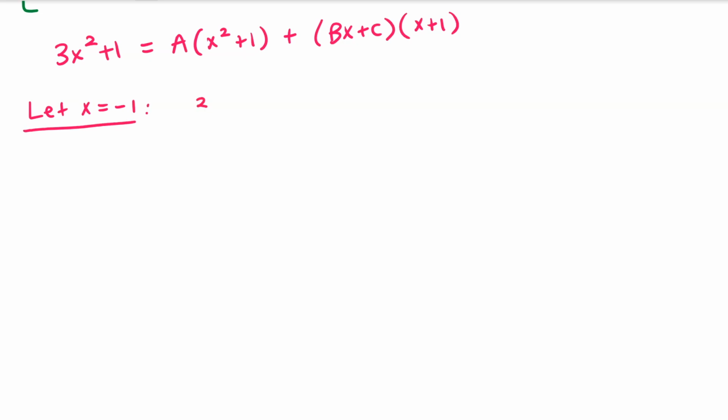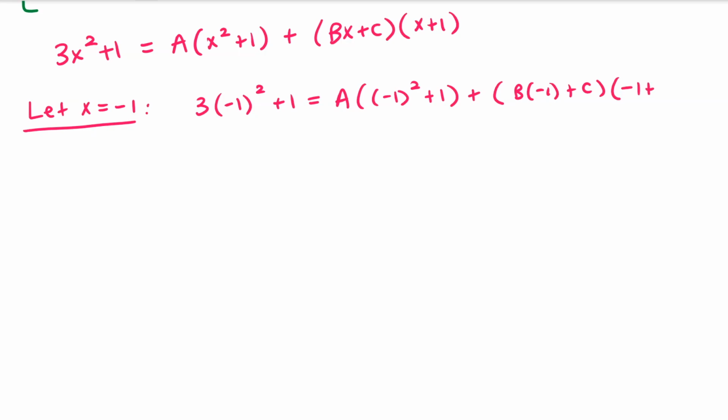So if we do that on the left-hand side of the equation, we get 3 times -1 squared plus 1. Now, notice that this entire term will become 0 because -1 plus 1 is 0.